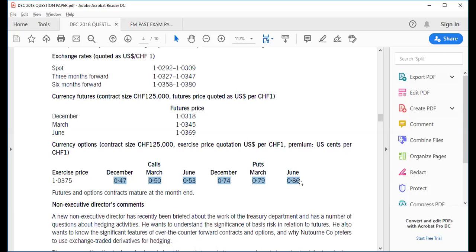In cents. Okay, you get that? They are premiums. So if the exercise price, say in December, this will be the premium 0.47. In March, that will be 0.5. Then for the puts, it will be 0.86 in June.